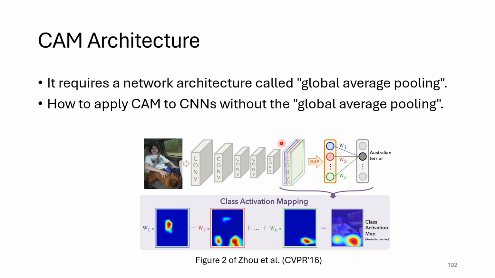If you have this structure, when you do the global average pooling, you will get several values. What is the value? That is the average of all values in a single channel. If you have those values, you will then just use the final multi-layer perceptron layer, a fully connected layer, to generate the logit.